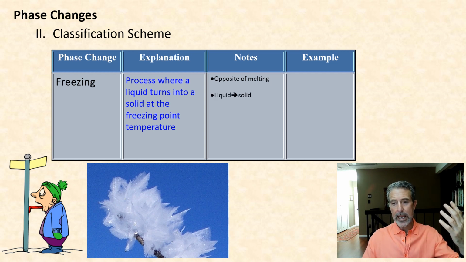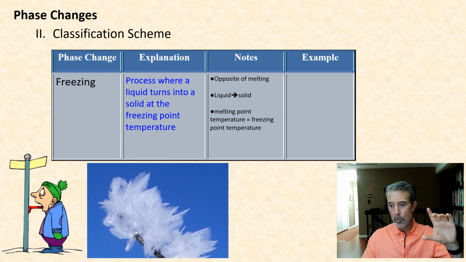Now we're saying that freezing is the process whereby a liquid turns into a solid at the freezing point temperature. How do the melting point temperature and freezing point temperature compare? They're one and the same. In other words, the temperature at which a substance melts, goes from the solid state to the liquid state, is exactly the same temperature at which a substance freezes, that is, turns from the liquid into a solid.